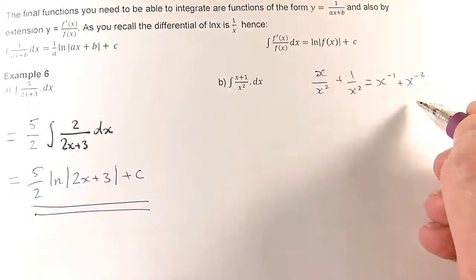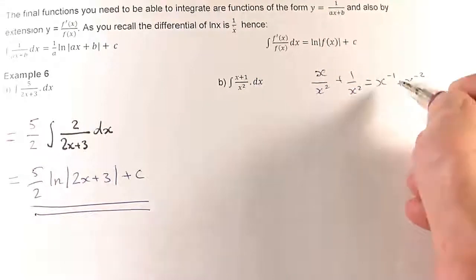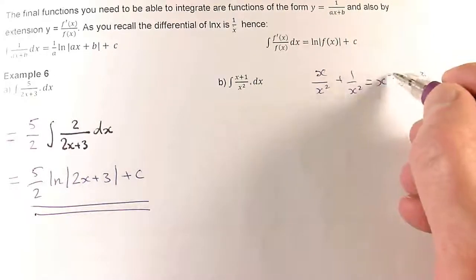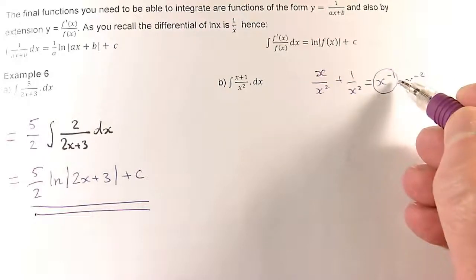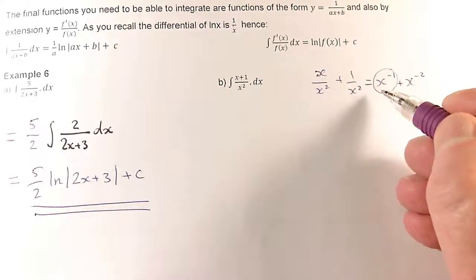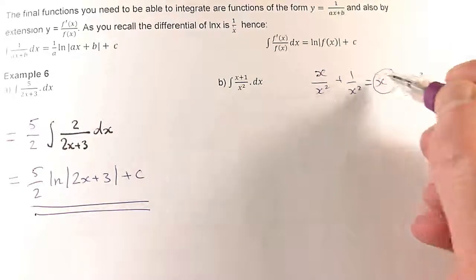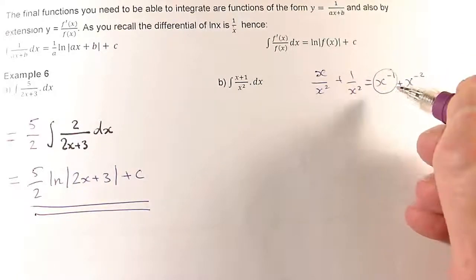So x to the power minus 2, we could integrate using the power rule, but if we're integrating x to the power minus 1, if you try and use the power rule, add 1 to the power, you get 0. And you can't divide by 0, so the rule for integrating powers does not work for x to the power minus 1.